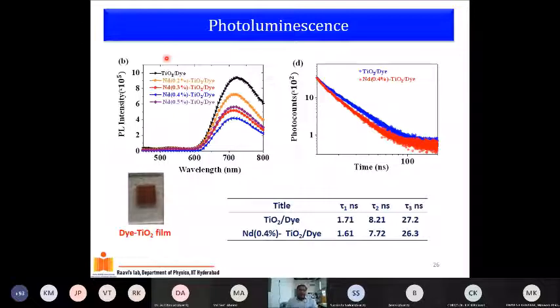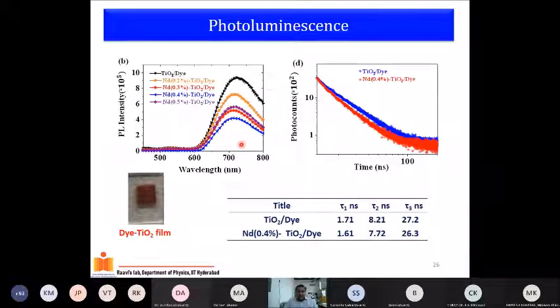Now, the point here is that this dye is well known, and we know that when you put it on titania, it would give you a reduced emission. And this emission which I show is already all the dye can inject into the titania. If you look at it carefully, the best injection efficiency seems to be for the Nd 0.4 TiO2 dye, correct?